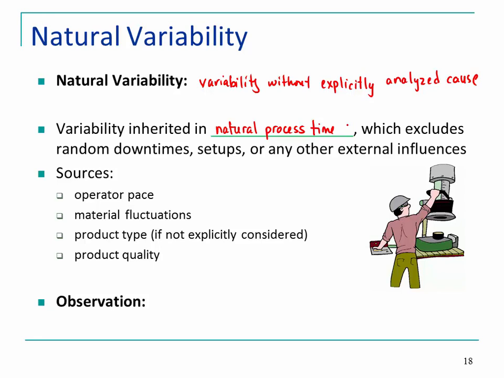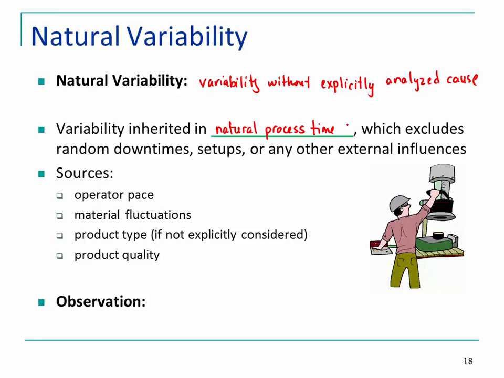That's something that you cannot control. Product type, if not explicitly considered, and product quality. If your process is having a lot of defects, there are some things that we can do to find what's happening. Maybe we need to tweak some of the machines or other things. But again, the idea here is that we cannot find a cause right away. So there's no explicitly analyzed cause for that type of variability.